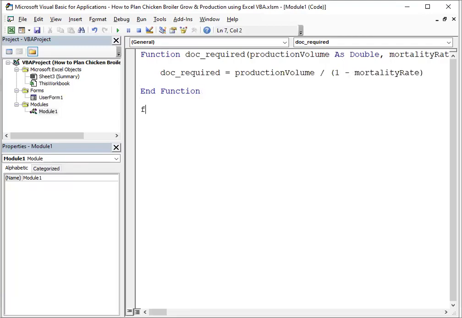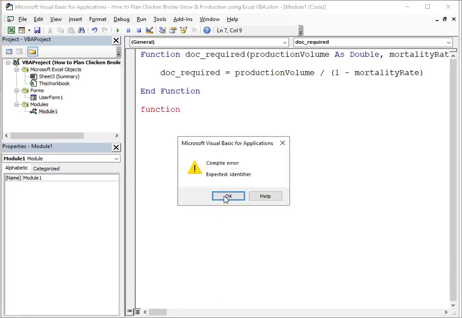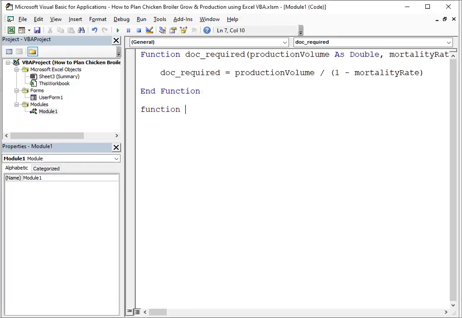And the next function we're going to have is for the feed requirement. So the function would be feed underscore required, with DOC as double.